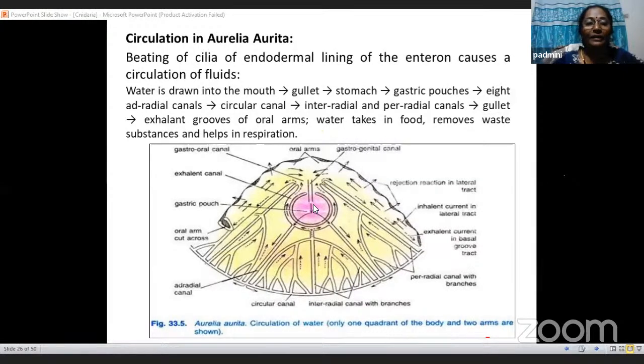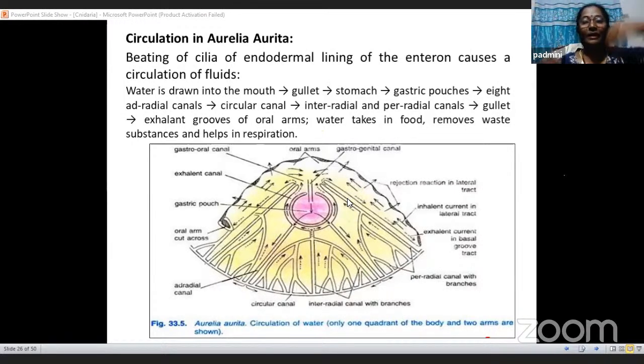They go into the gullet, and from the gullet, there are excurrent grooves in the oral arms that you find over there. In that the water takes in the food and removes the waste substances again from the gullet outside. So they enter into the gullet, and again go out through the interradial and perradial gullet and outside.